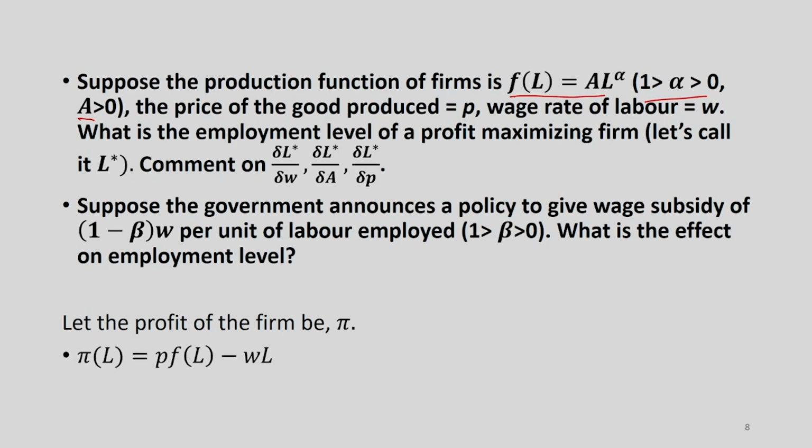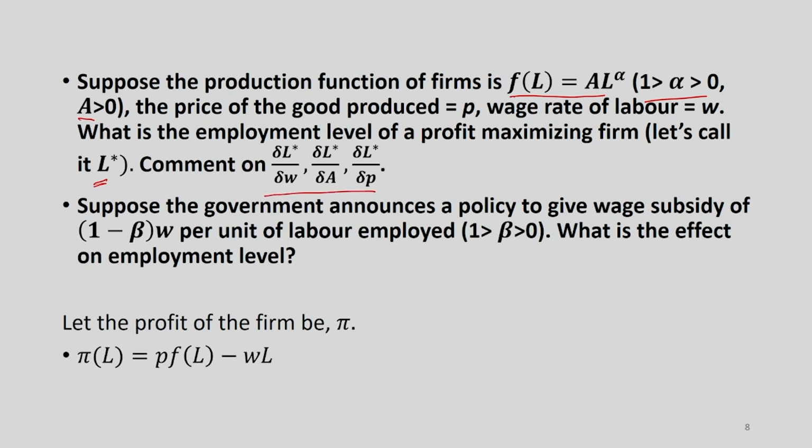The wage rate of labor is given by small w. What is the employment level of a profit maximizing firm? Let us call that employment level L star. Comment on ∂L*/∂w, ∂L*/∂A, ∂L*/∂p. So, these are the 3 partial derivatives that we have to find out.